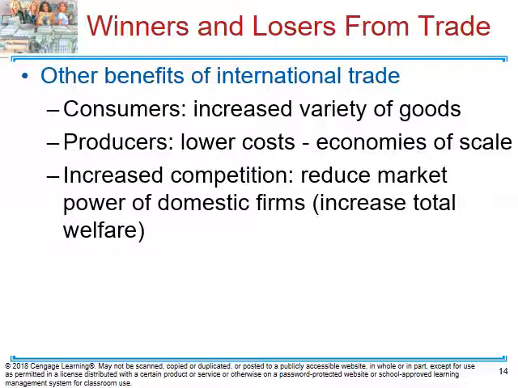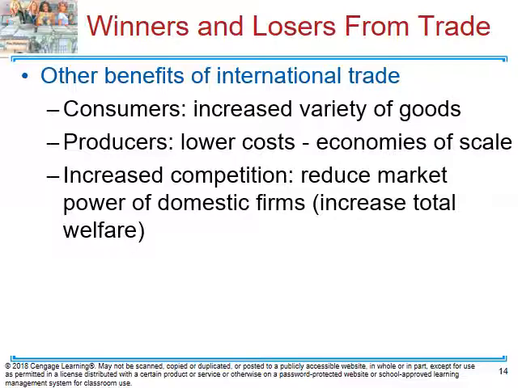And also there will be more competition at the local level, because now foreign suppliers are also competing with local firms, and as a result, the domestic firms will have less market power, so they are not able to, for example, charge higher prices, as they also face competition from abroad.